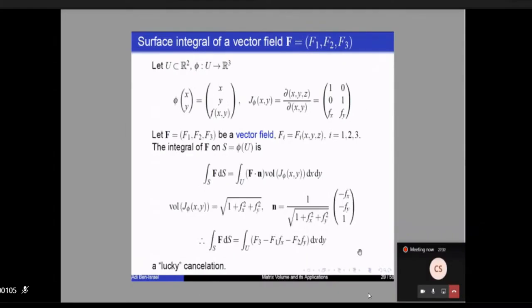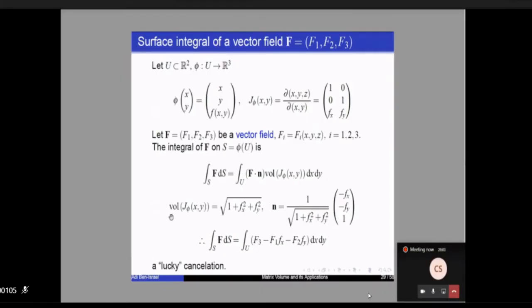When we have a vector field and we want to integrate it over the surface S, the same formula gives us the integral over S of f dS, and on the right you have the integral over U, where we have the inner product of f and the unit normal to the surface times the volume of the Jacobian times dx dy.